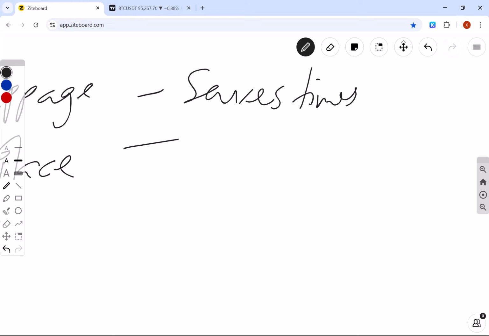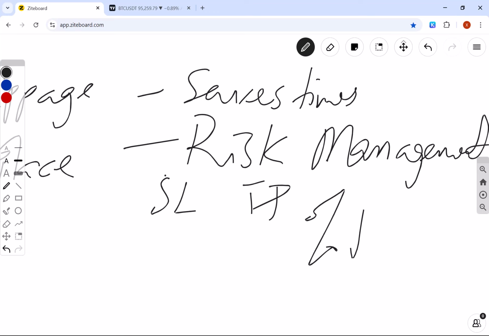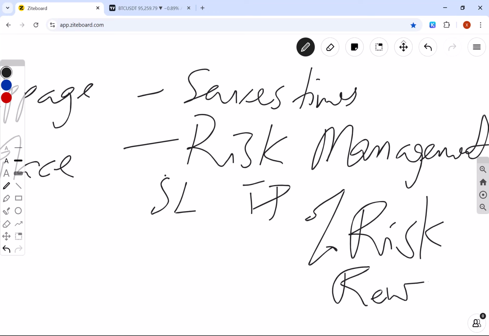You don't need to monitor it. And the last one is that it helps us with risk management. Because you already know in advance how much you lose if your trade hits SL and how much you earn if your trade hits TP. You are able to calculate the percentage of your account you are risking against the reward you reap.